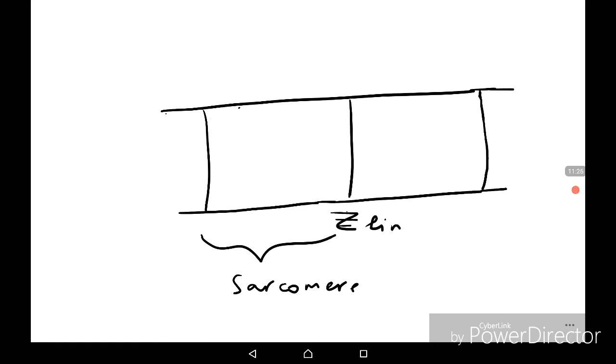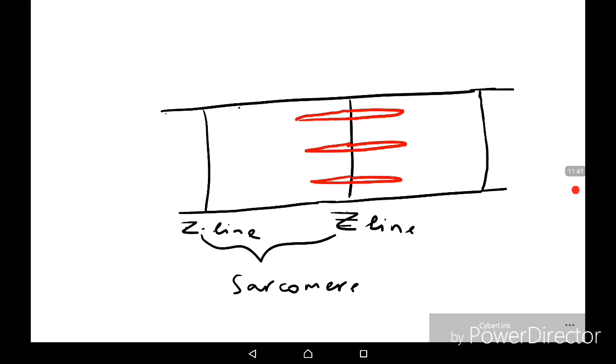Each sarcomere is separated by two Z lines, and that is also the Z line. The thin filaments, actin filaments, are attached to the Z line. So thin filaments are attached to the Z line.